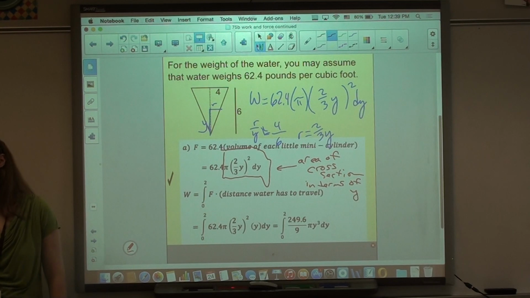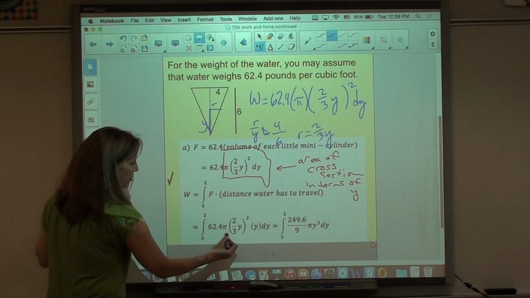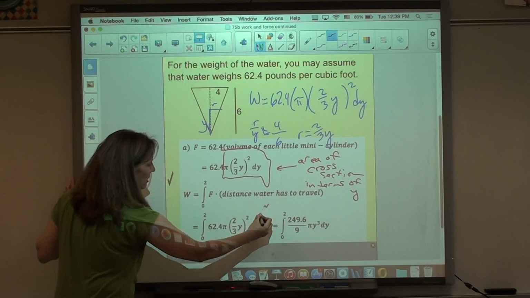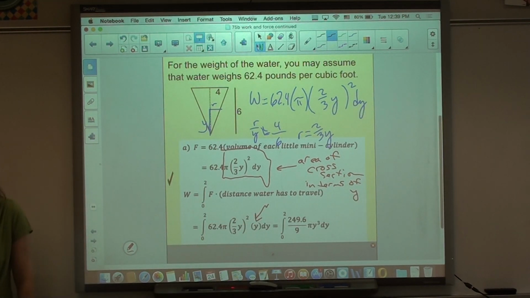You multiply it by the weight of the water in pounds per cubic foot, or whatever units are given. The next part is you put this in your integral and multiply it by the distance the water has to travel. In this case, the water just has to travel a distance of y.